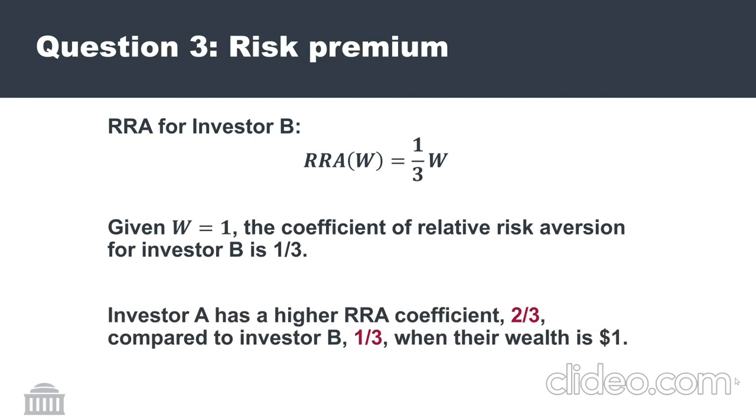To summarize so far, investor A has a higher relative risk aversion coefficient, which equals 2/3, and investor B has a lower relative risk aversion coefficient, which equals 1/3. Both are evaluated at their initial wealth of $1.